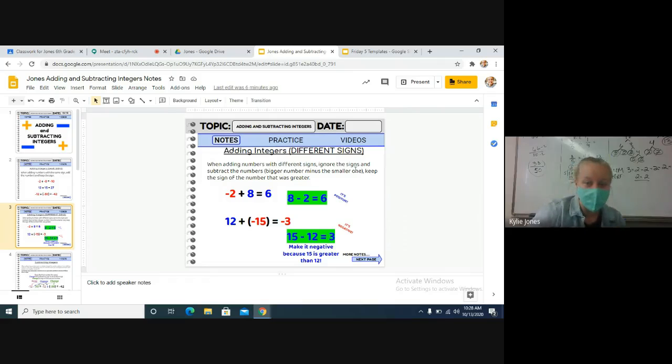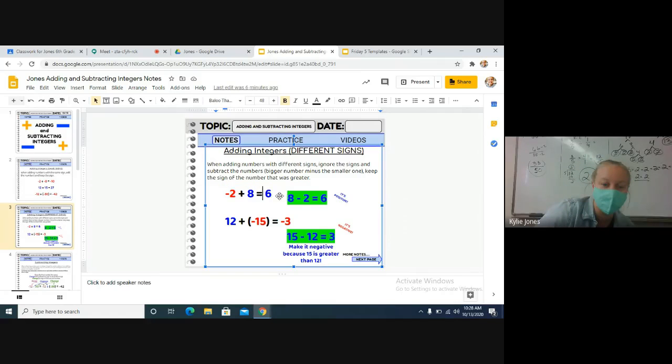So if we look at our first example here, -2 plus 8 equals 6. We have a -2 and an 8, different signs. In this case, you're just going to ignore the signs. So act like that 2 is positive. You're going to take your bigger number, which we know is 8, because 8 is bigger than 2.